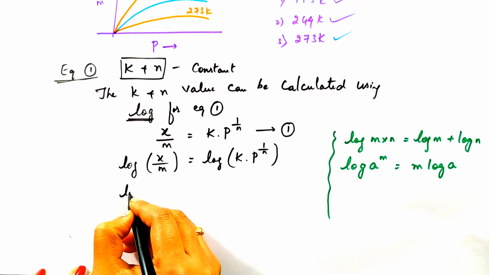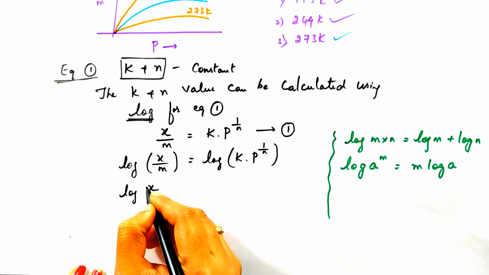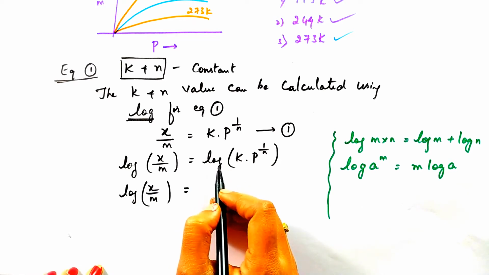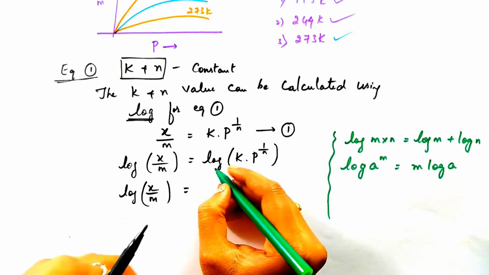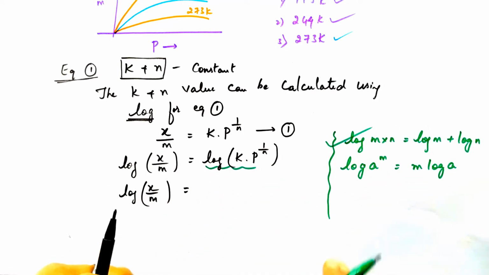So log x by m is equal to log(K×P to the power of 1 by N), which is in the form of log(M×N).